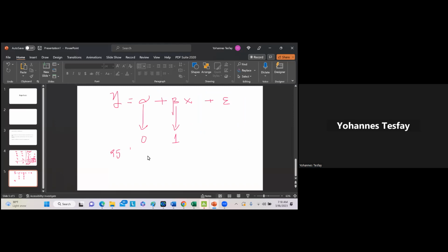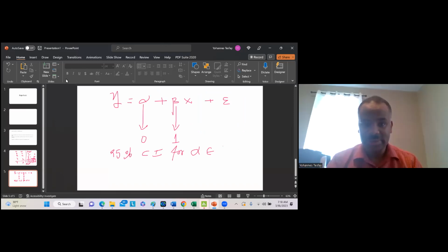For alpha, if that confidence interval contains 0, then the bias is insignificant.